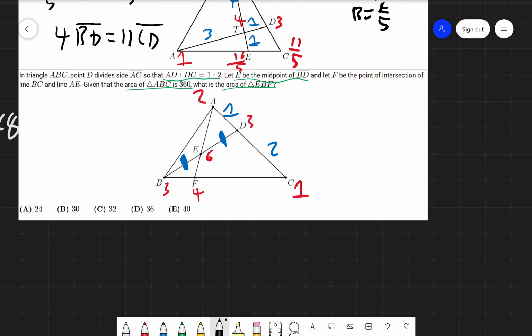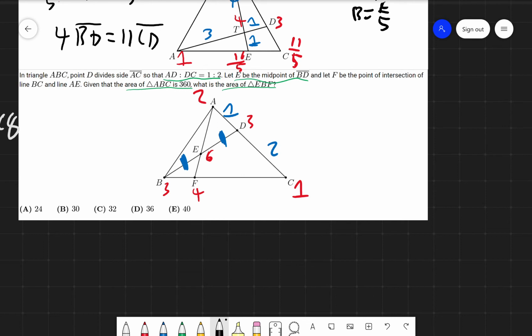Now how can that help us? Well, we can also look at the bases, right? So we know that the base of triangle BEF or EBF or whatever is the same as the base of ABF, right?